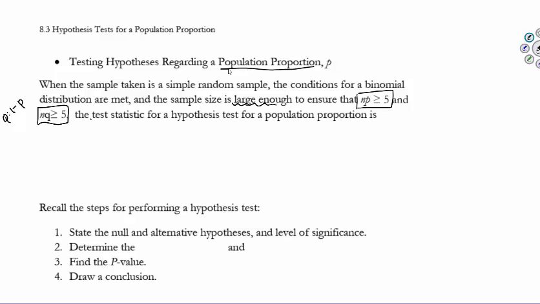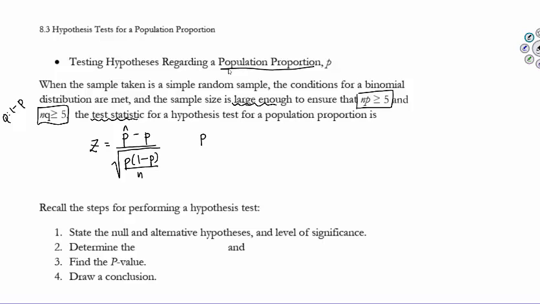The test statistic, the thing that helps us draw the conclusion for the hypothesis test, is a z-test statistic. We cook it up by doing p hat minus p divided by the square root of p times 1 minus p divided by n. All that stuff in the denominator is under the radical.